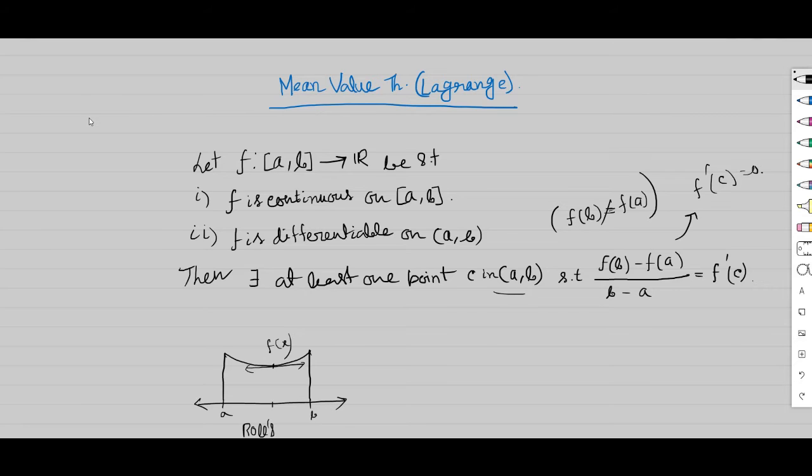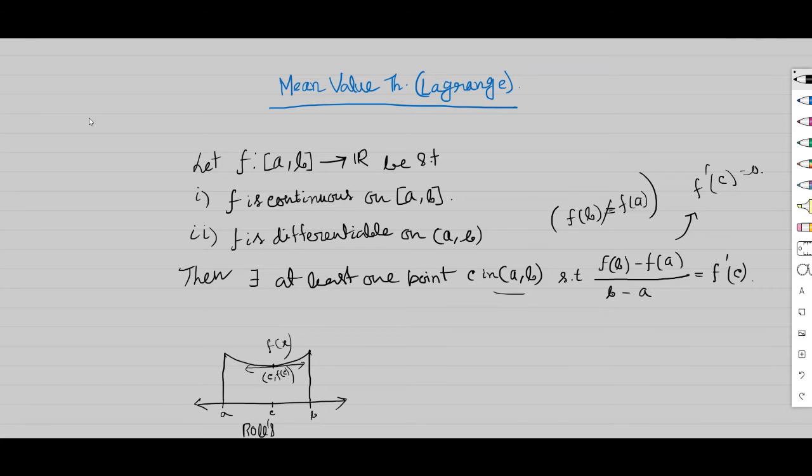So this is c, so this is the point (c, f(c)). This is the gradient, so this is the tangent which is parallel to the x-axis. So by Rolle's theorem we can assert that we will always get a tangent of a curve which is parallel to the x-axis.